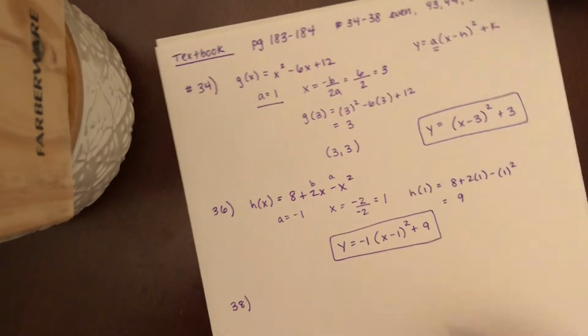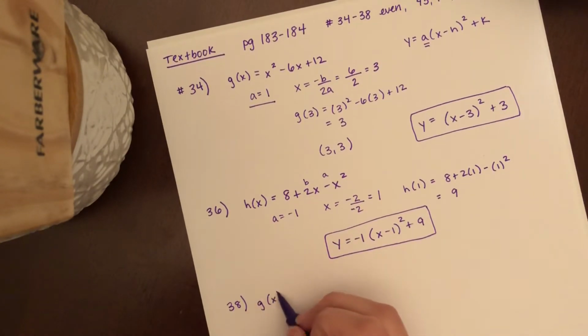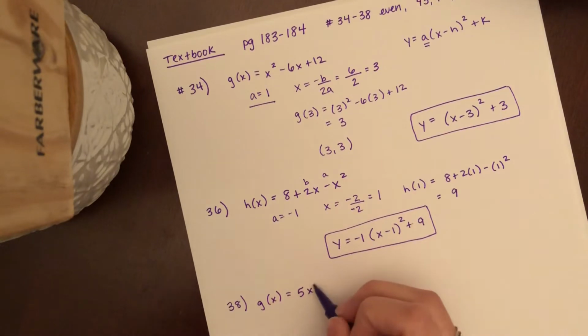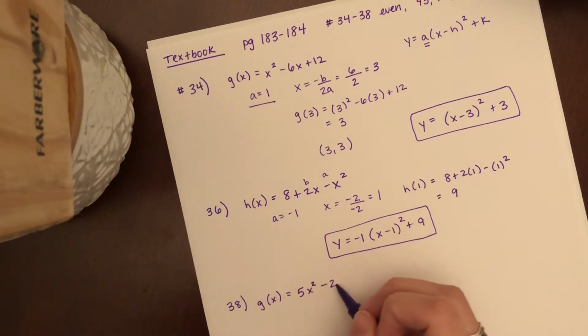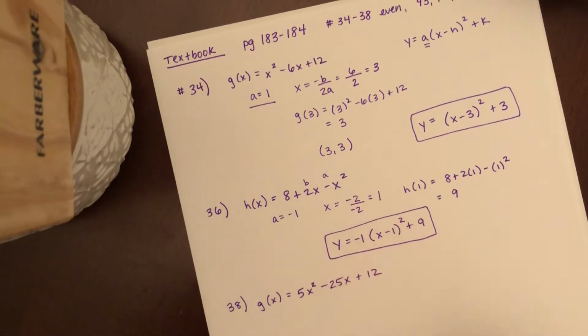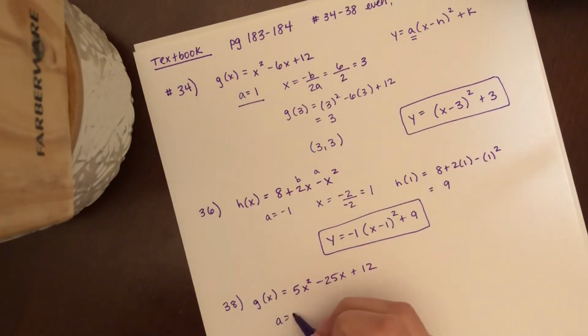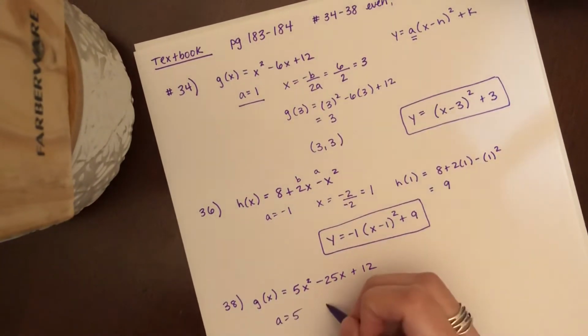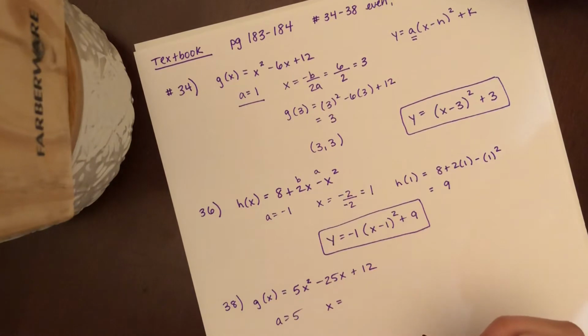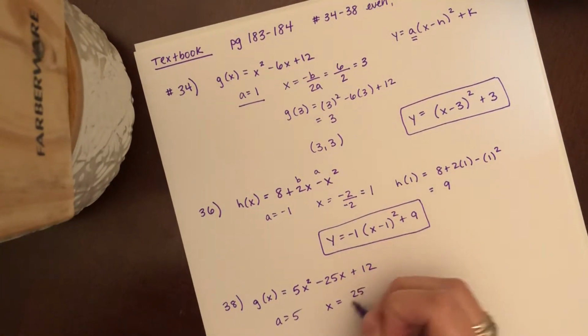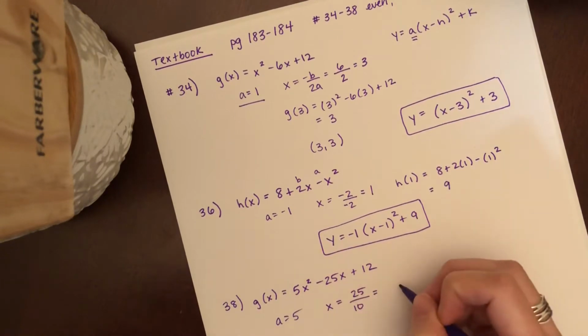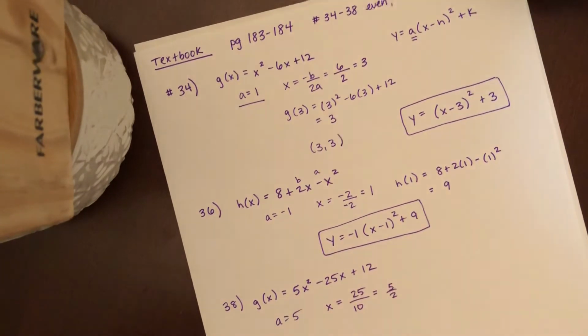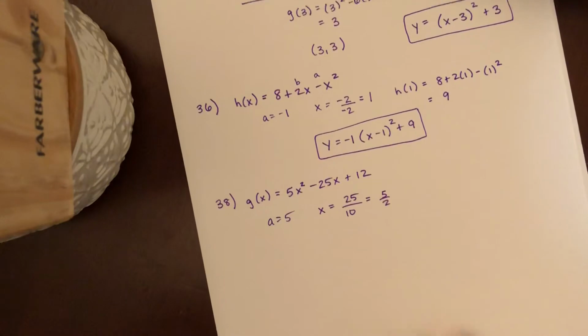Okay, last one like this, number 38, we have g of x equals 5x squared minus 25x plus 12. So we know our a value already is 5. We'll find the x coordinate of the vertex, or the h value. If you would choose to use decimals here, that is okay.